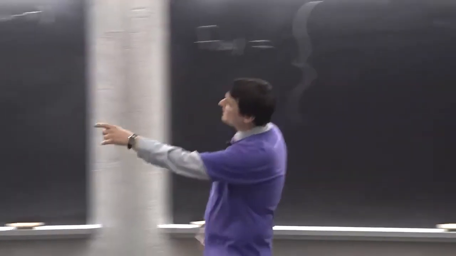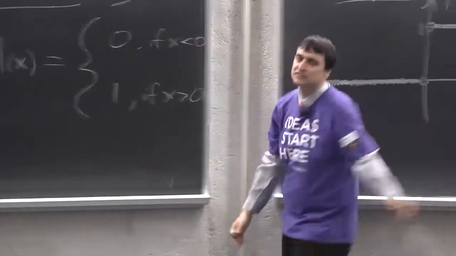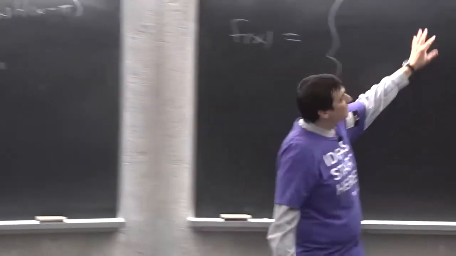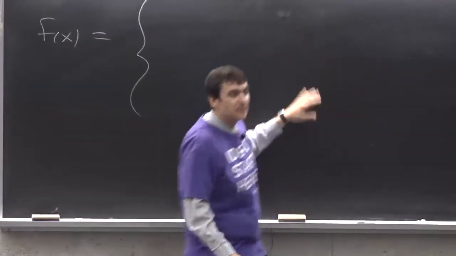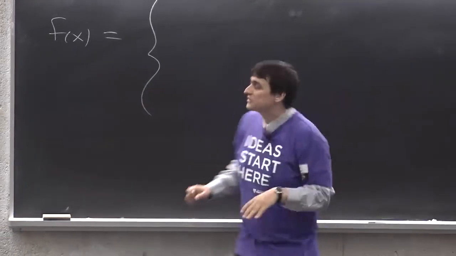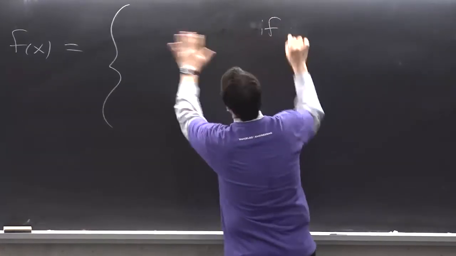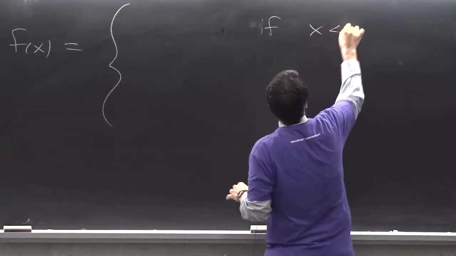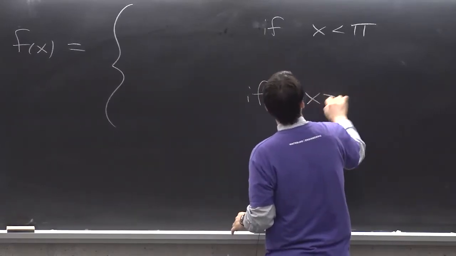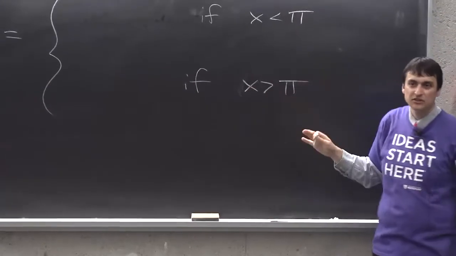And just the way I've defined capital H of x over there, something if x is less than 0, something else if x is greater than 0, over here, it's something if x minus pi is less than 0, and something else if x minus pi is greater than 0. Is that clear enough to everybody? So are you comfortable with me saying something if, I'll fill this in a moment, if x is less than pi, and then something else if x is greater than pi?